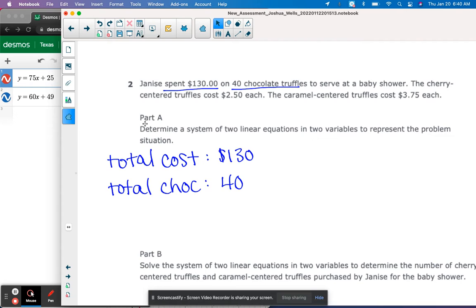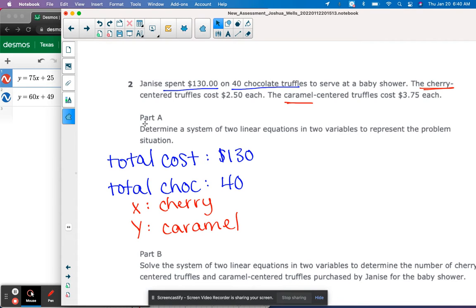The next thing we need to label is our variables. I'm just going to use X and Y. We have two different kinds of truffles. We have the cherry ones and the caramel ones. The first thing we need to realize is that they don't tell me how many cherry truffles I order, and they don't tell me how many caramel ones I order.